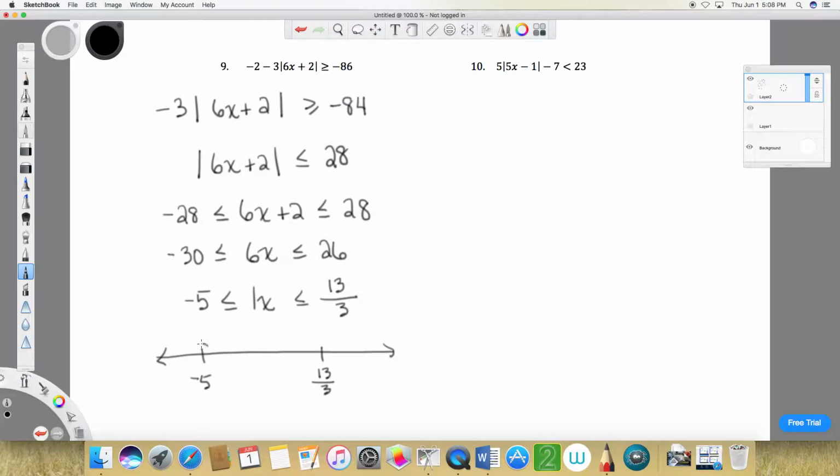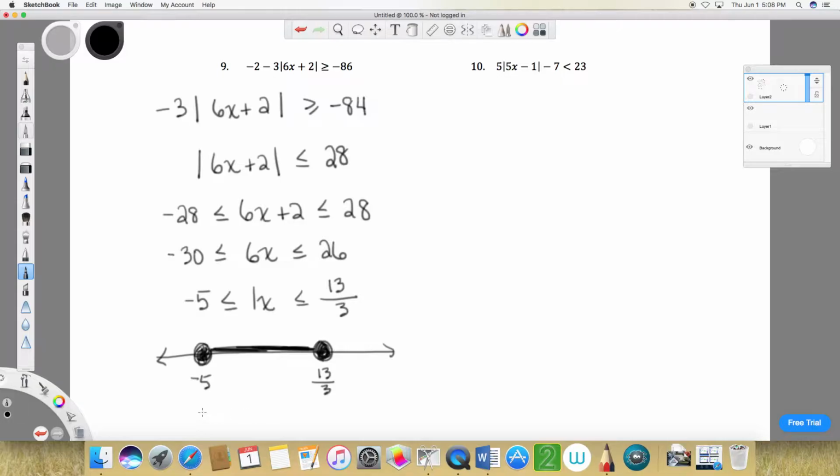I have to make a decision whether to include or exclude these endpoints. I'm going to shade each one of these because it's not a strict inequality. It's not strictly less than. It's less than or equal to. So these are shaded. And the solution set, like we said before, is the middle portion of this.